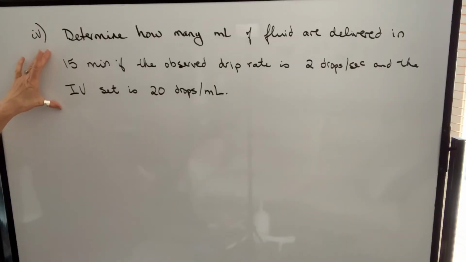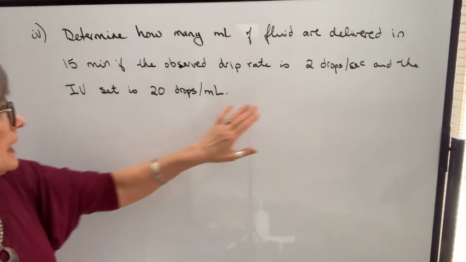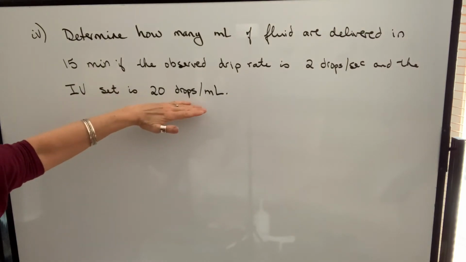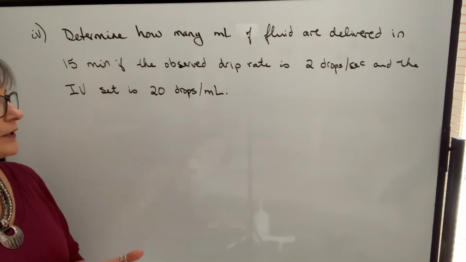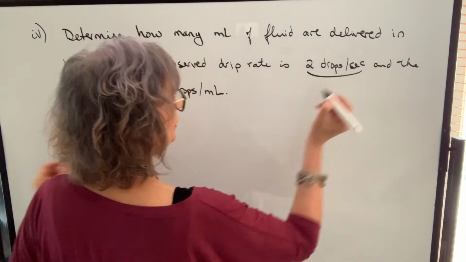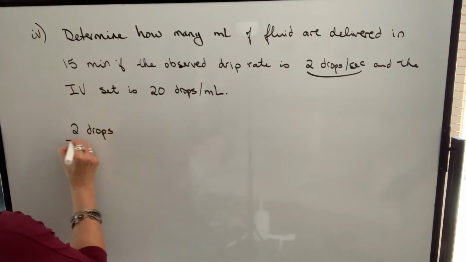A similar question to the last example says determine how many milliliters of fluid are delivered in 15 minutes if the observed drip rate is 2 drops per second and the IV set is 20 drops per milliliter. So again, I always start with a volume that I know in a time factor I know, which means I start here. So 2 drops in 1 second.